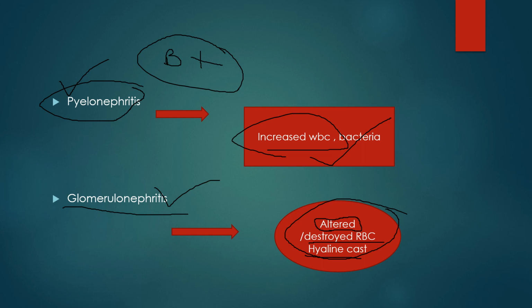In pyelonephritis, the main criterion is the presence of bacteria. If there is no bacteria, there is no pyelonephritis in urine analysis. Then we have glomerulonephritis. On the analysis, we will see altered RBCs with hyaline cast. That is the indication for glomerulonephritis.